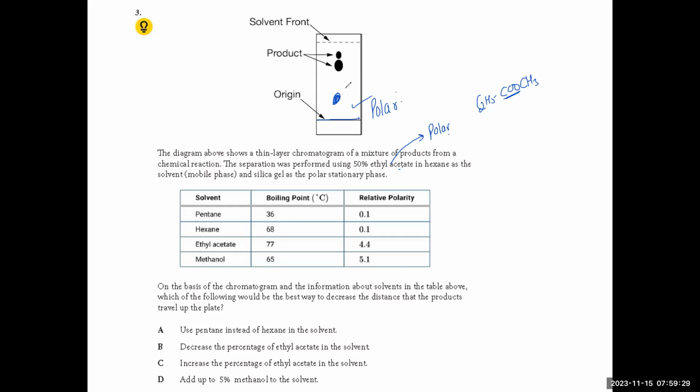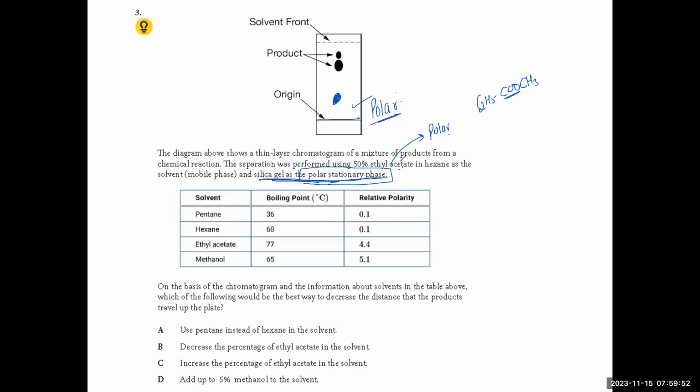No, Azuni, you want to increase. If you increase the attraction with the polar thing, then it will move slowly. Your silica gel is polar, right? The stationary phase is polar. Read this line. So you want this substance to move slowly, right?